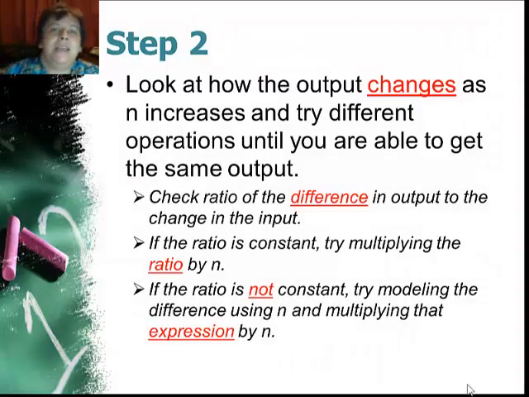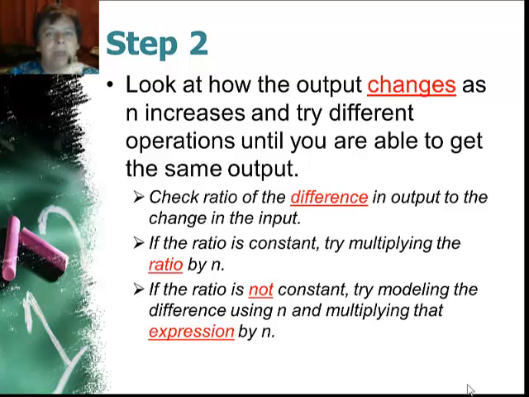Now, the second thing you have to do, and this actually goes on 2 slides because there are so many things to try, you're going to look at how the output changes as n increases and try different operations until you are able to get the same output. So if it's a linear relationship, which is a lot of what we studied, you want to look at the ratio of the difference in output to the change in the input.